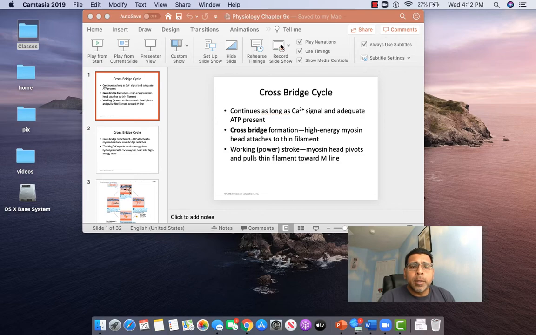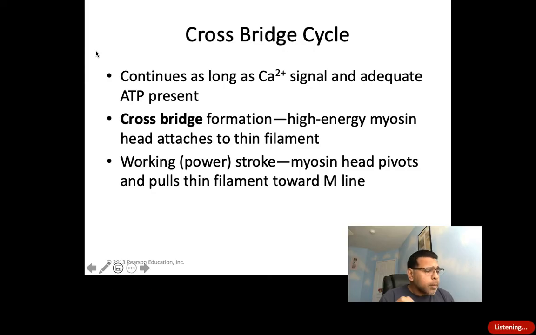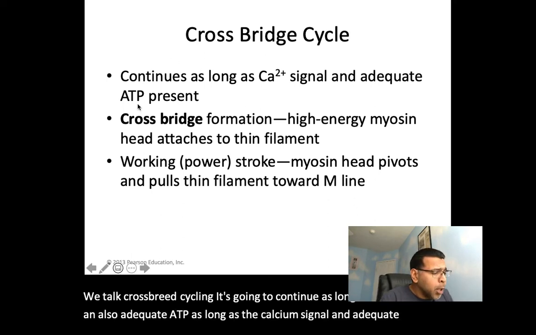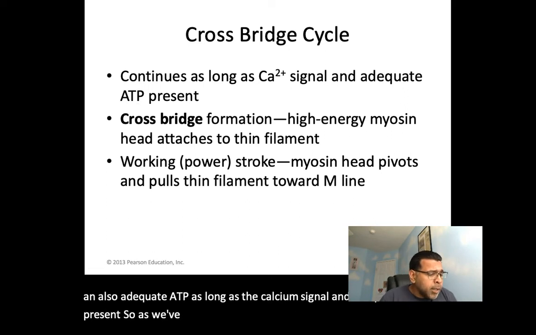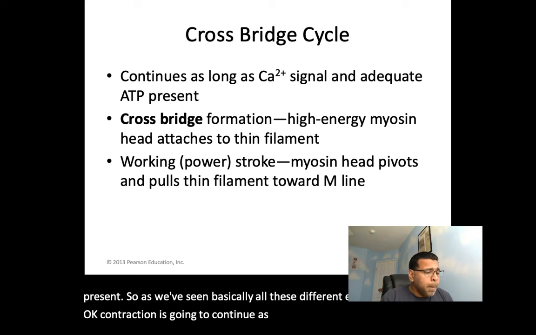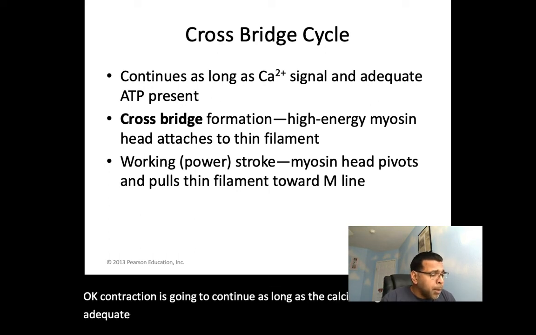All right, so cross-bridge cycling is what we're talking about here. It's going to continue as long as calcium is there and also adequate ATP. So as we've seen with all these different events, contraction is going to continue as long as the calcium signal and adequate ATP are present.